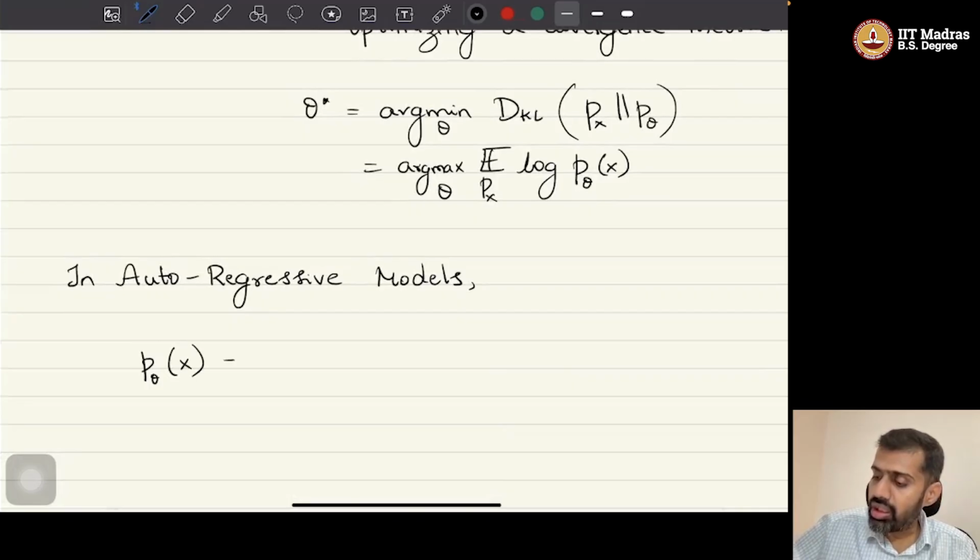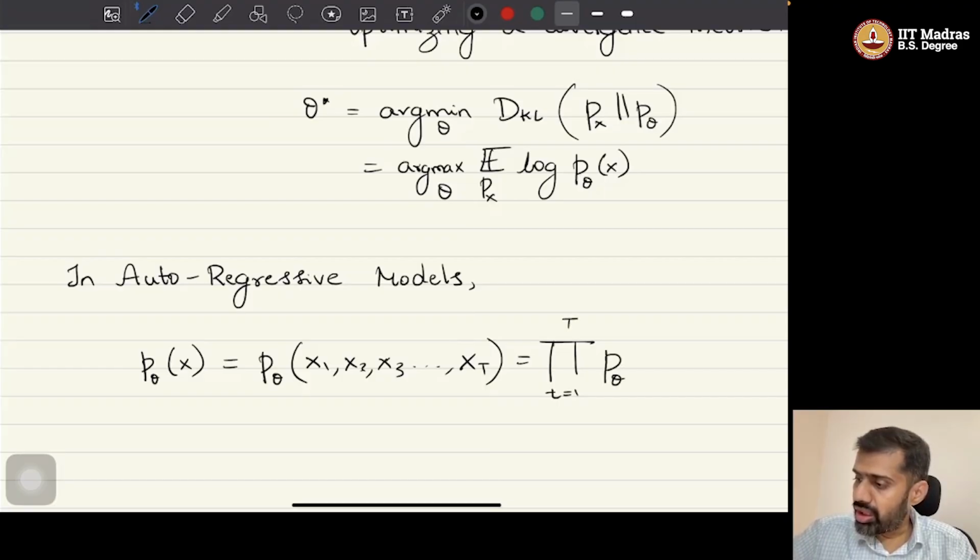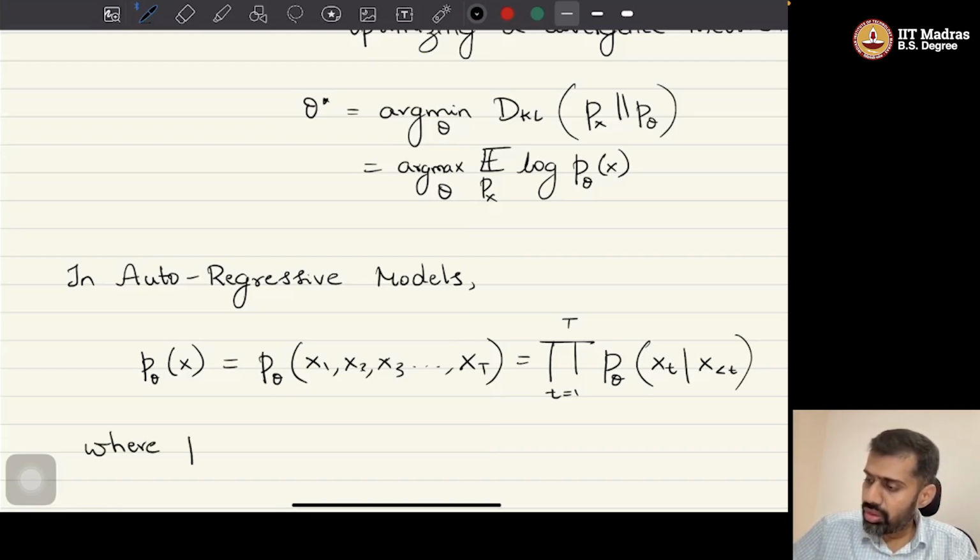So p theta of x, the likelihood of a particular point, which is equal to p theta of x1, x2, x3, so on up to xt, because every single data point now is a sequence of t number of tokens, if you may call it that, is given by the chain rule of probability, which would simply say that you just take the product of all of these probabilities, p theta of xt given x less than t, where x less than t is simply the set of all tokens starting from x1 to xt minus 1. This is the classical chain rule of probability.